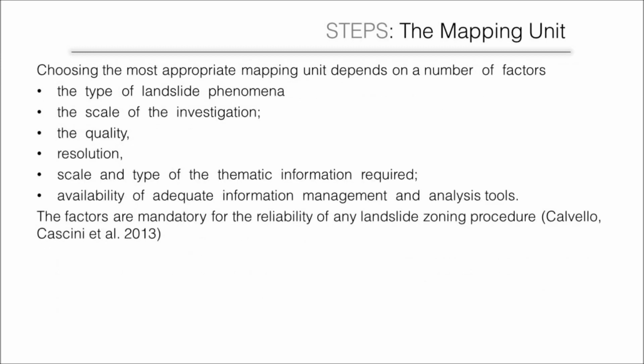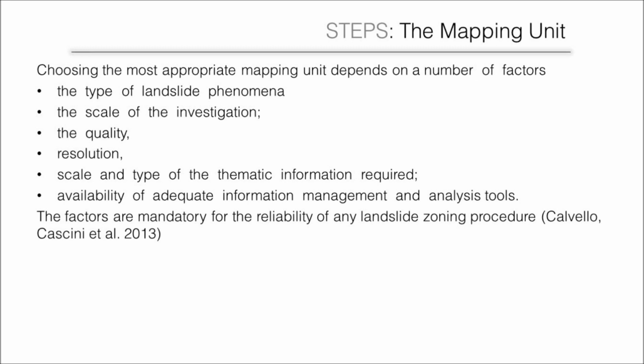So what kind of factors does the mapping unit depend on? It's the type of landslide phenomena. If you have many different types of landslides or different types of events that happen on the surface, we need these units to represent these events as closely as possible.